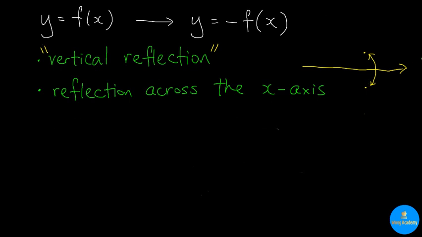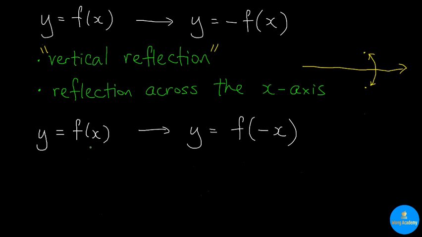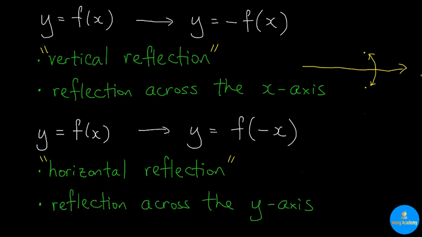Next, if we change the equation y equals f(x) into y equals f(-x), then the transformation is horizontal. It is a "horizontal reflection." Once again, I have to put this in quotes. The proper way to phrase this is a reflection across the y-axis.